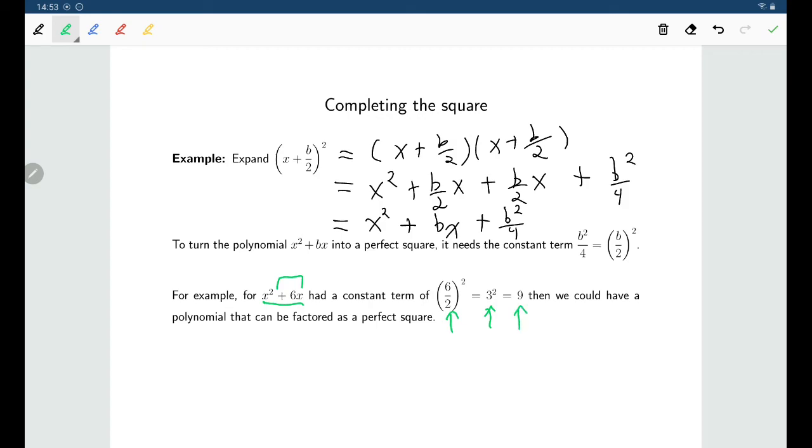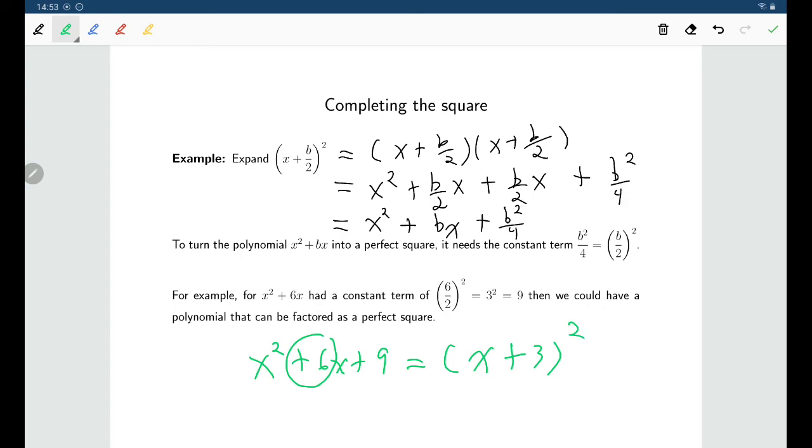That means you would have something that would be a nice perfect square. So if we had x squared plus 6x plus 9, not only would that be a perfect square, but it would factor out as x with half of this coefficient squared. And in fact, you can check that x plus 3, if you do square it out, does give you x squared plus 6x plus 9.